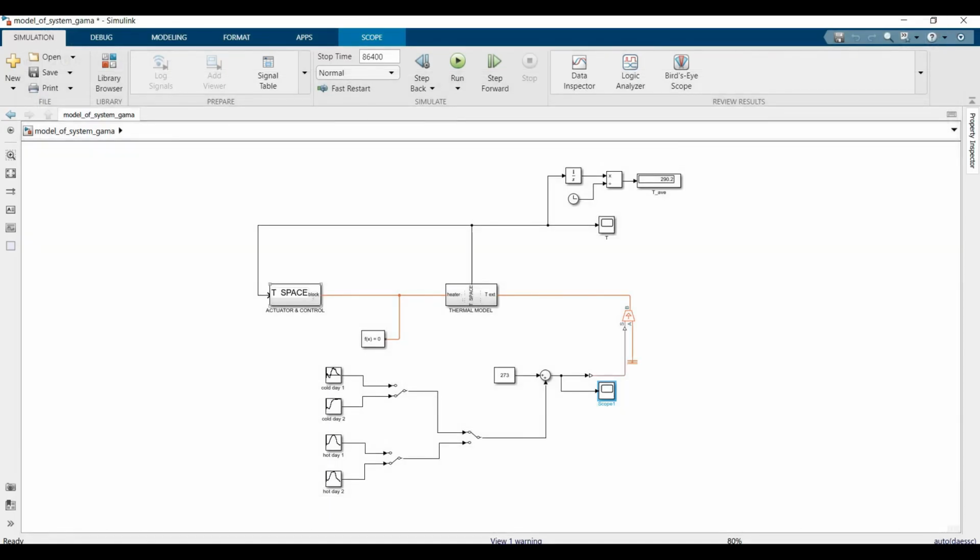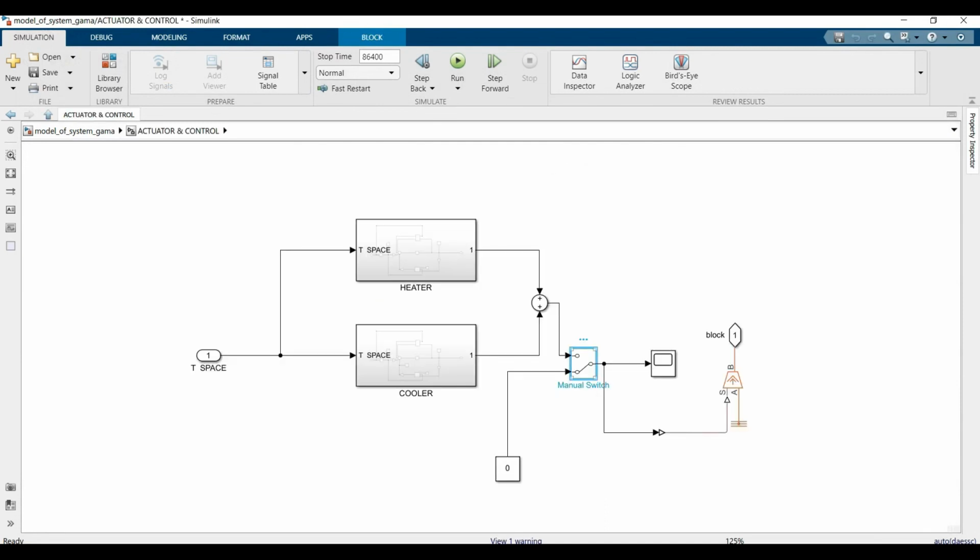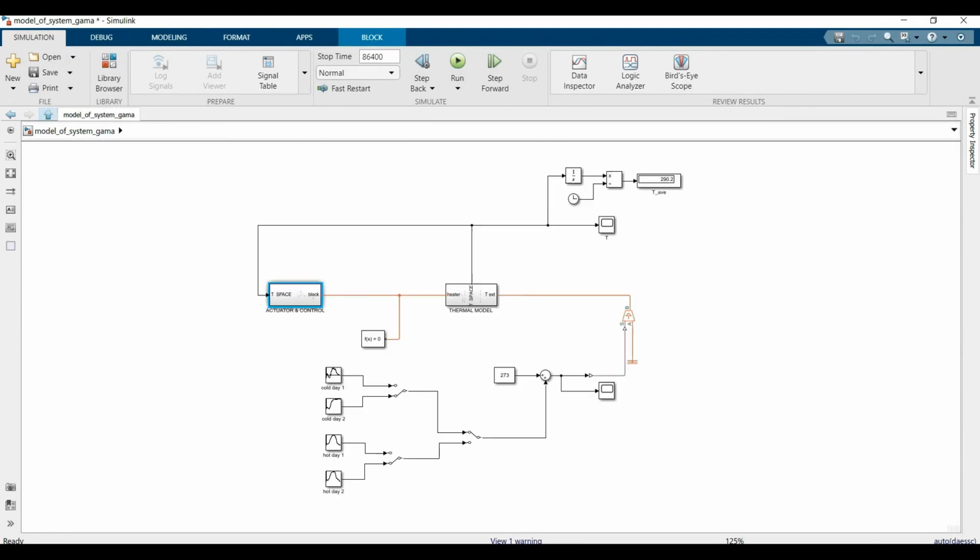Now we consider the control and actuator part, and run. As you can see, the temperature average is 292.7. The temperature is increased.